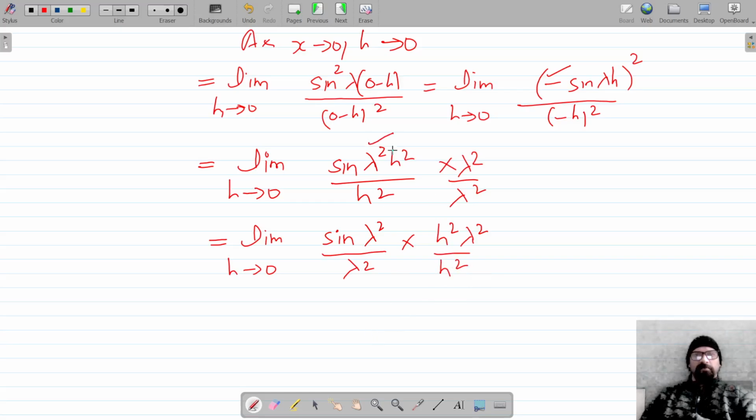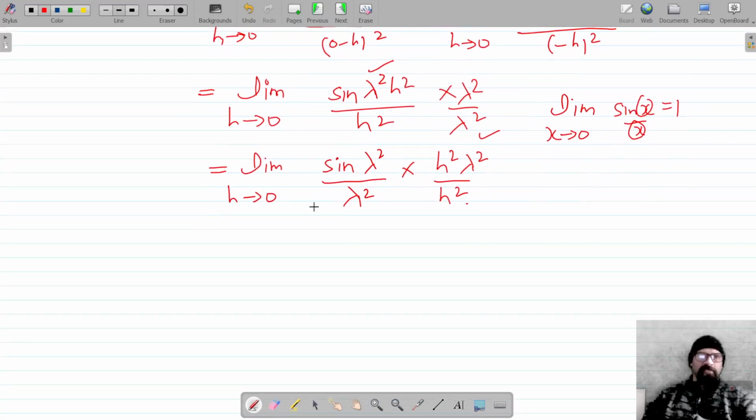So lambda square and lambda square, and then h square into lambda square, and we have left with h square. Now we know that limit x tends to 0, sine of x by x is 1. So when the angle is same, this becomes 1.